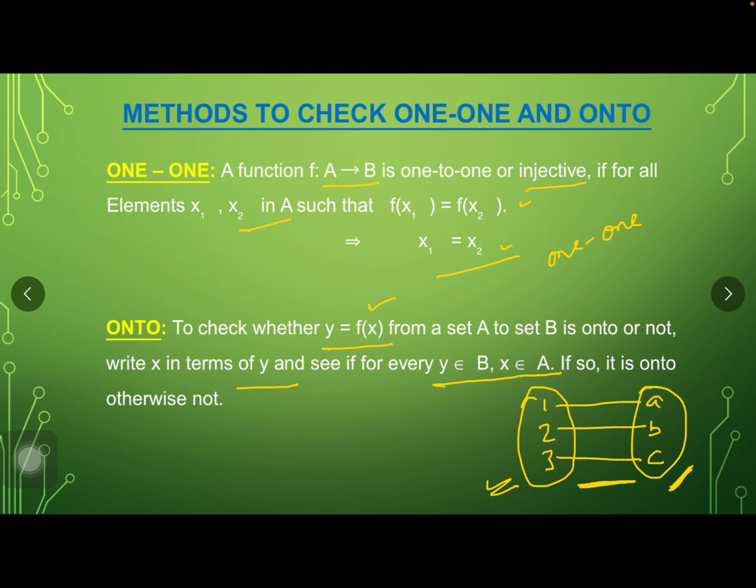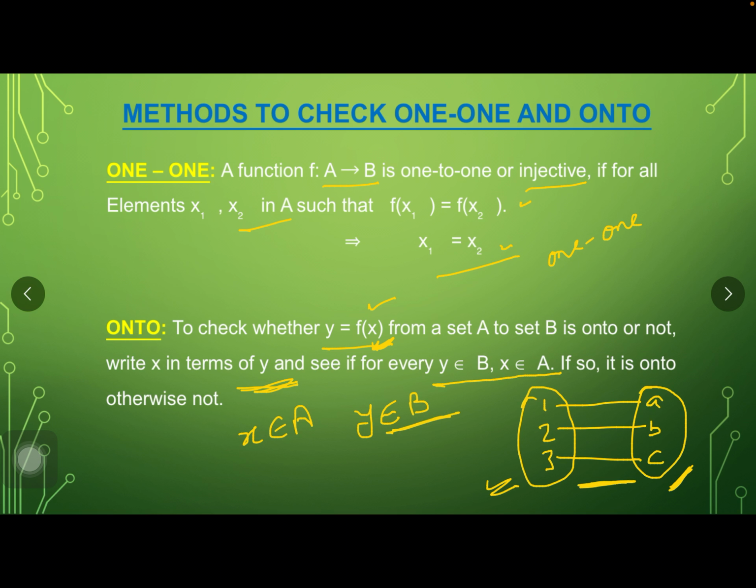So practically we can see it like that, but mathematically how can we show that this is an onto function? Mathematically, first we put y equal to our f(x), because f(x) is given in the question. So y equal to f(x), and then we have to convert our x in terms of y, and we see that x belongs to our A set, right?